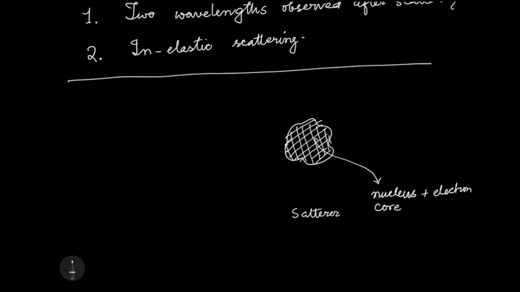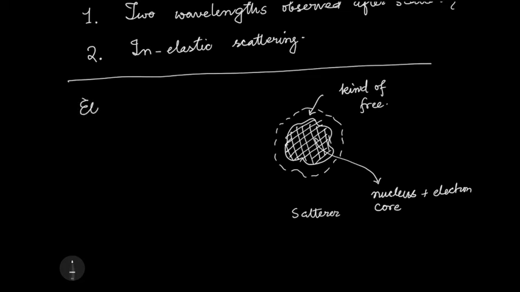There is a nucleus and there are electrons going around it. But graphite also has electrons which are kind of free. They are not coming out of the graphite, but they are also not bound to an individual nucleus. They are kind of roaming around, loosely bound.